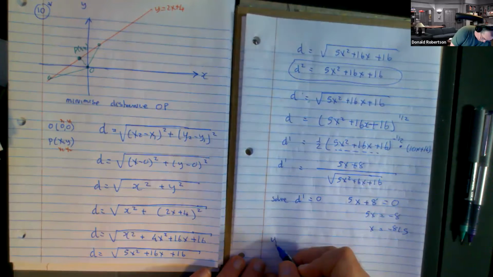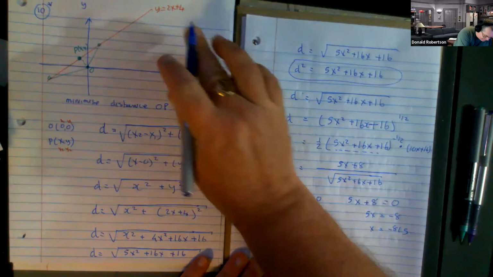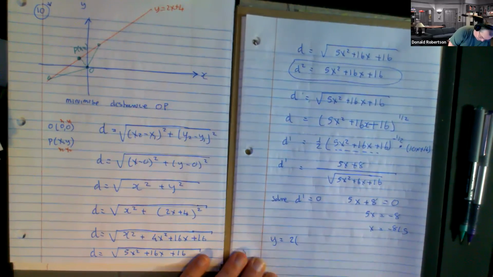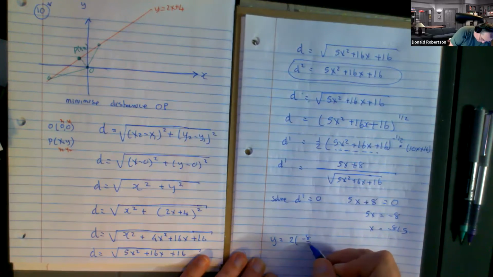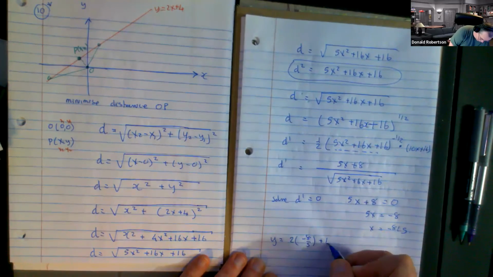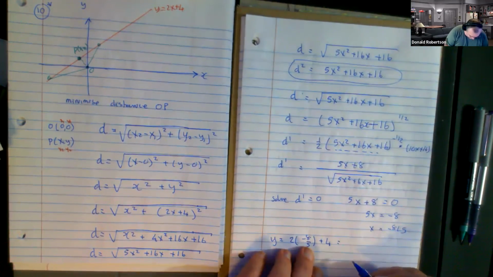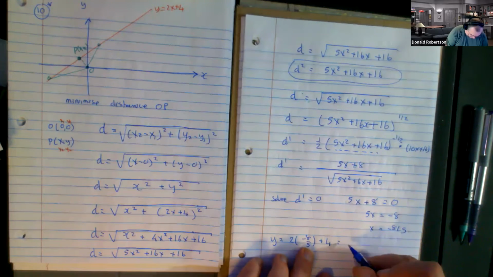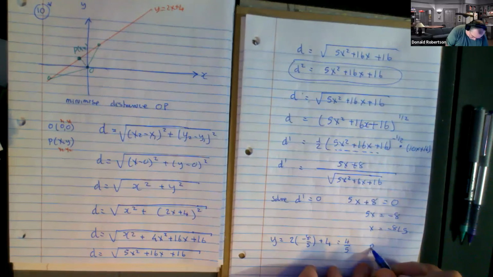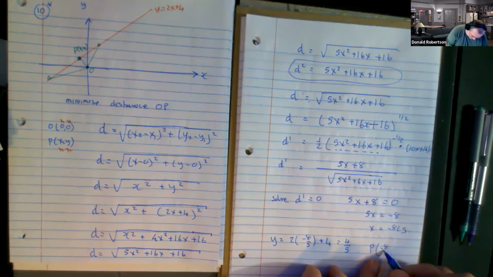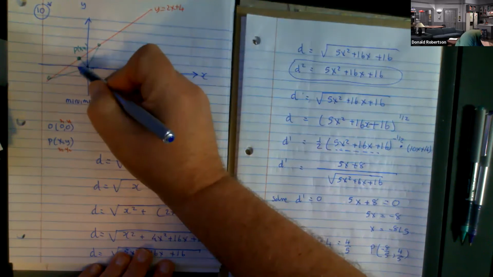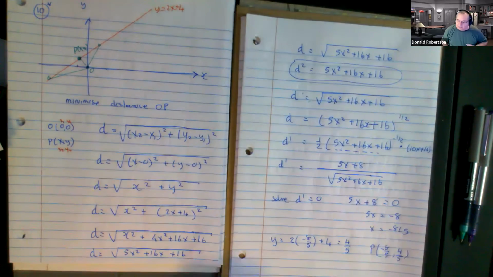And the y coordinate is 2 times the x coordinate plus 4. That's 16, 20, I believe. That's positive 4/5. And so the point that you're after has coordinates negative 8/5, positive 4/5. And yeah, that looks about right.